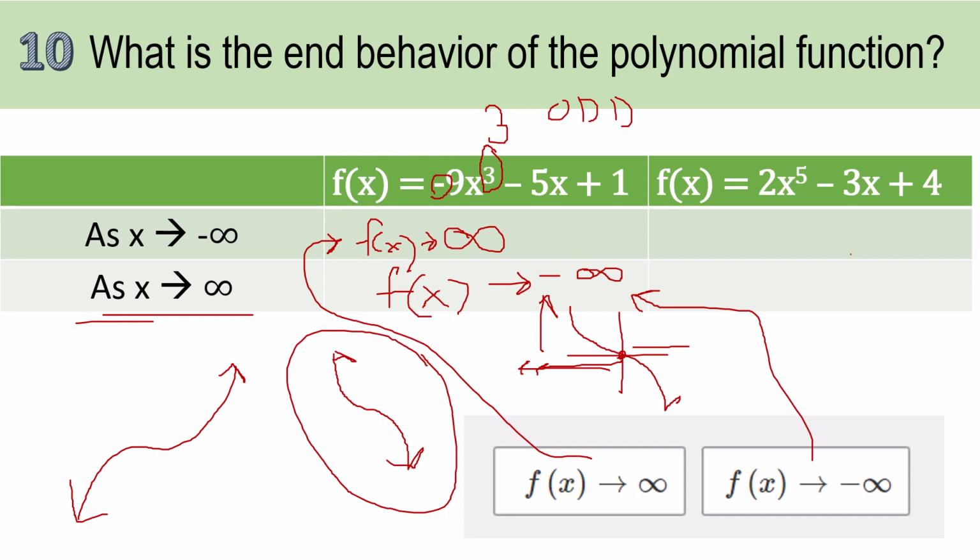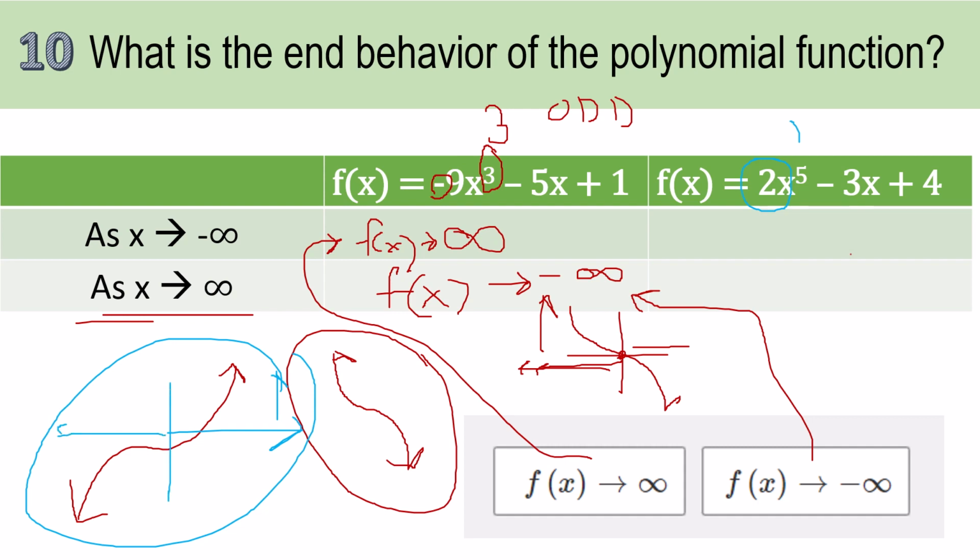Okay, so in this one, again, we have an odd and then we have a positive. So it's going to look like this. So as x approaches positive infinity, y approaches positive infinity, and as x approaches negative infinity, y approaches negative infinity. See if we can write that up here.